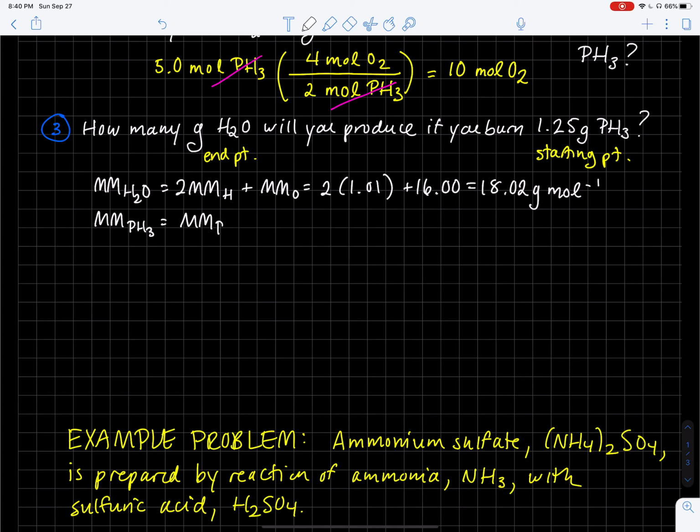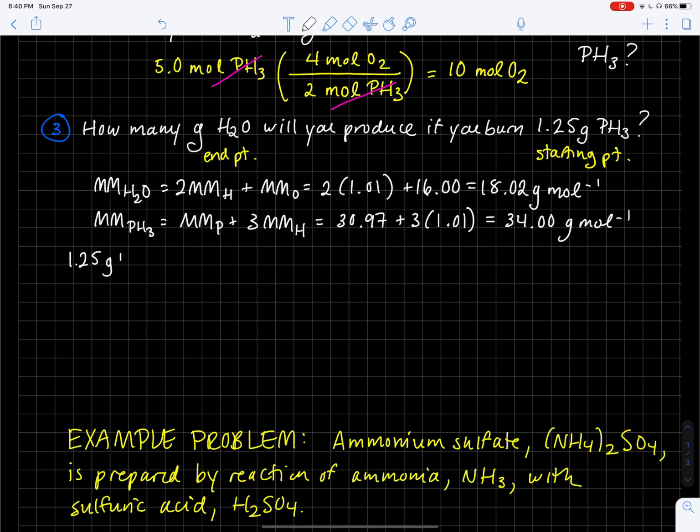So the molar mass of phosphorus plus 3 times the molar mass of hydrogen equals, so phosphorus is 30.97. So the molar mass of phosphine is 34.00 grams per mole.